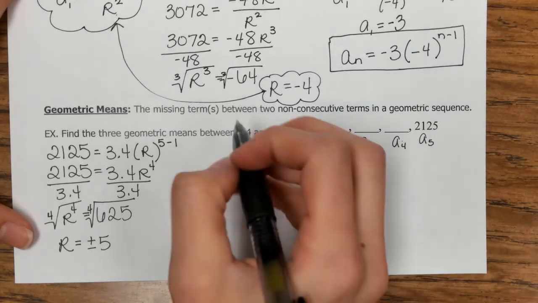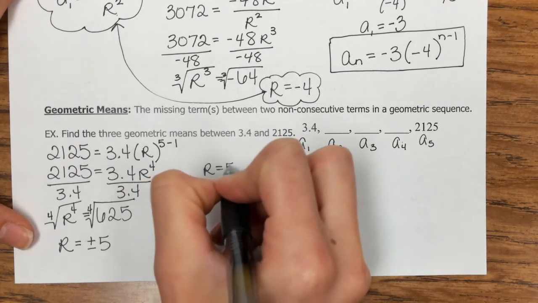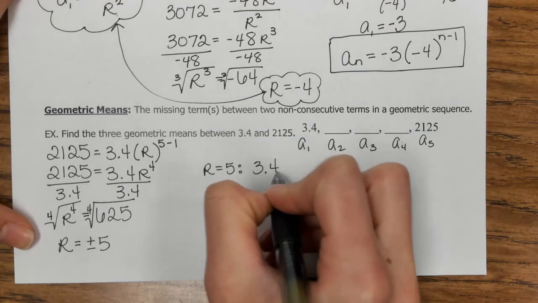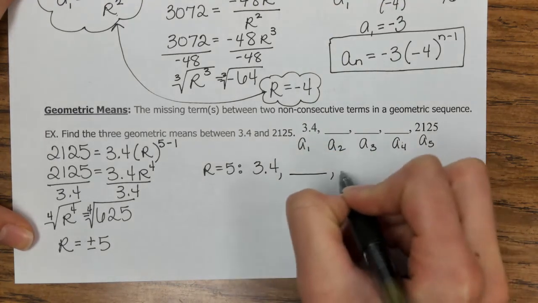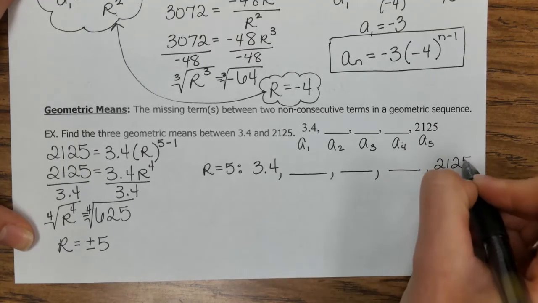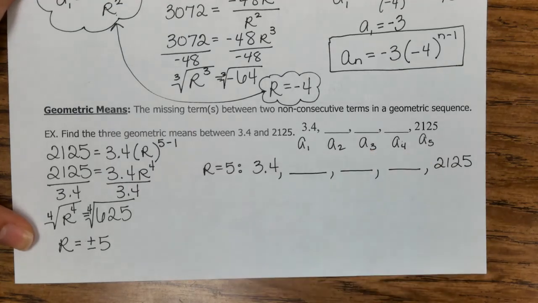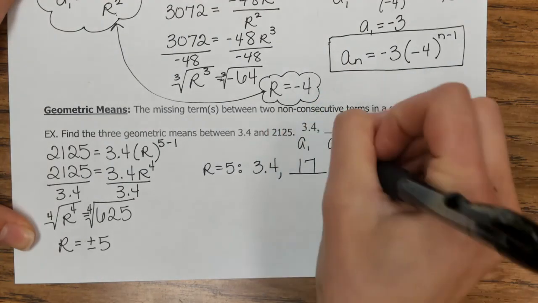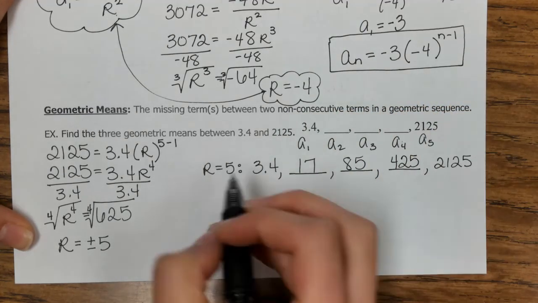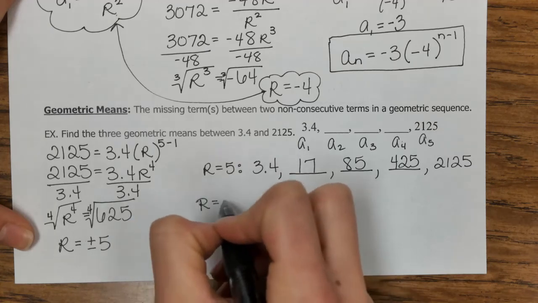Okay, so if r is equal to 5, I'm going to have 3.4, and then my 3 missing terms are going to be what? 17, 85, 425. And if it's negative 5, this is the same thing except the signs switch.